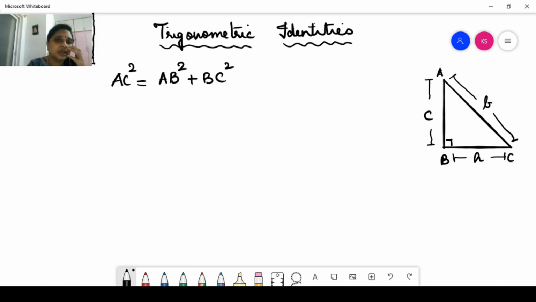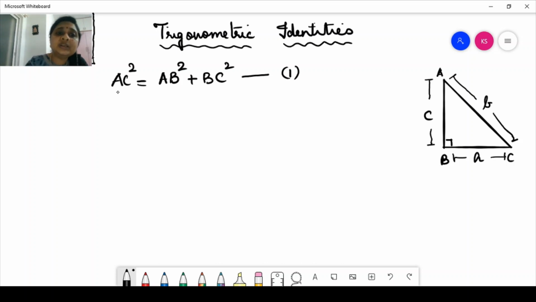Am I right? Okay. So now what we are going to do is divide every term of the equation, the property that we have, by AC square. You all know this, right? If you do anything to one particular term of the equation, to maintain the balance, you will have to do the same thing to every term.